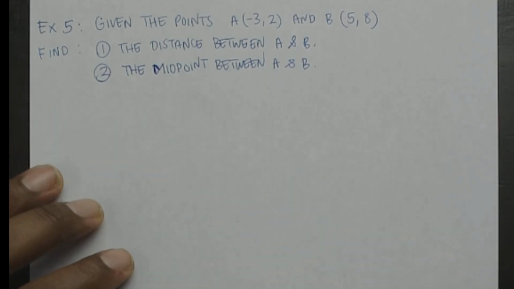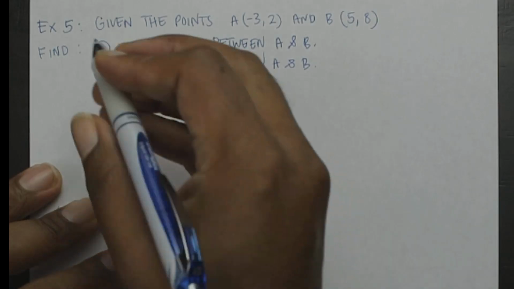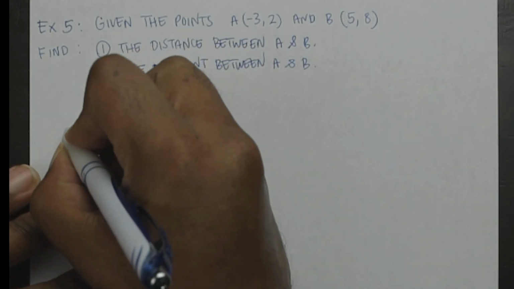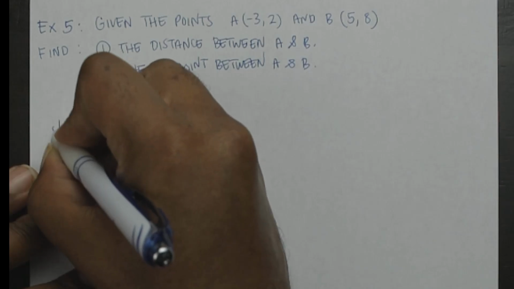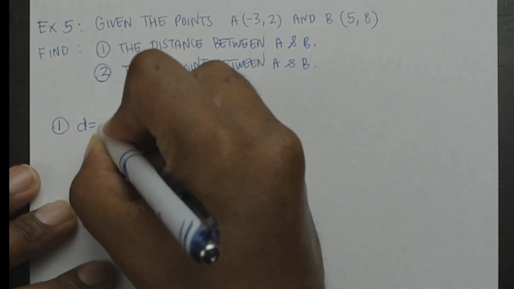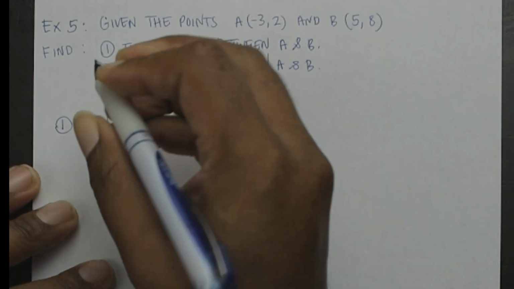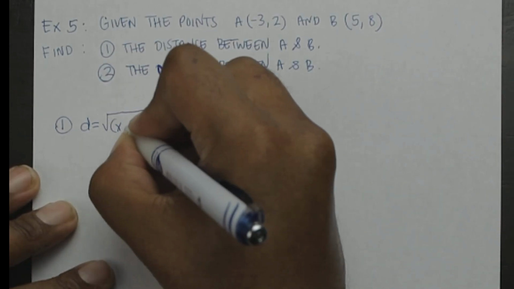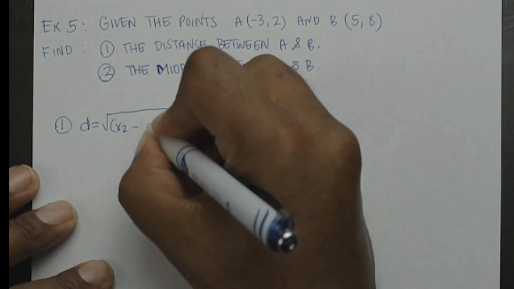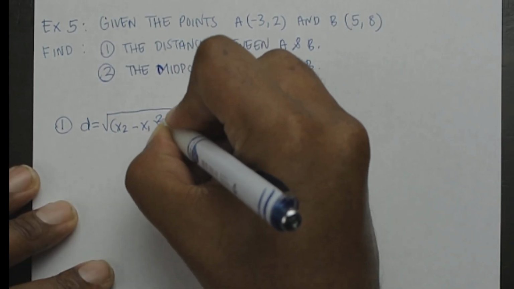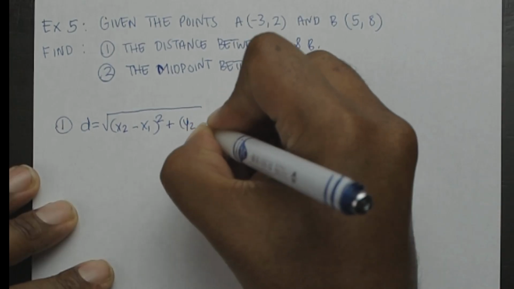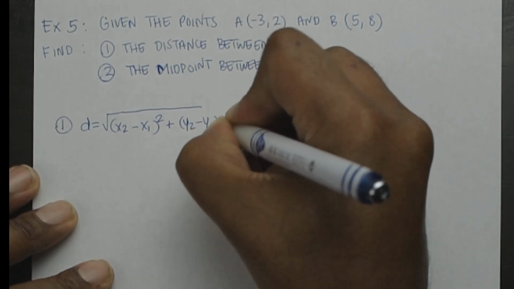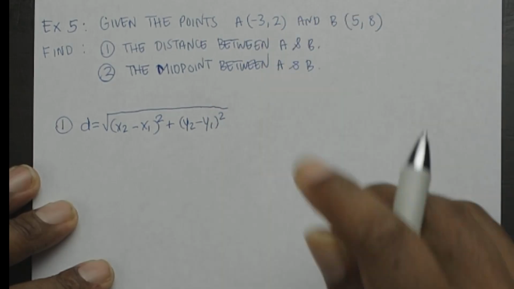So let's first of all begin with the distance. So recall the distance formula. The distance formula is d equals the square root of x sub 2 minus x sub 1 squared plus y sub 2 minus y sub 1 squared, right?